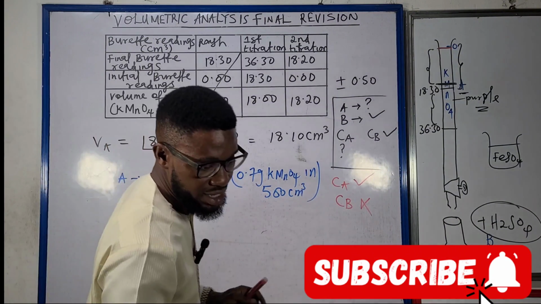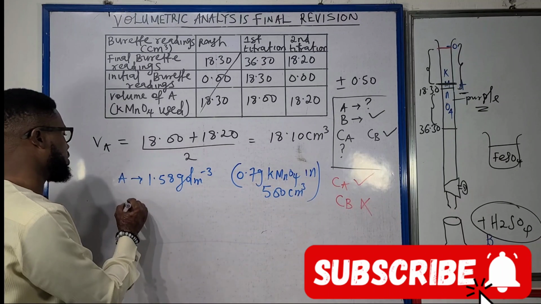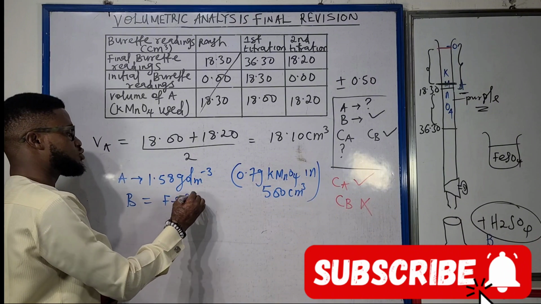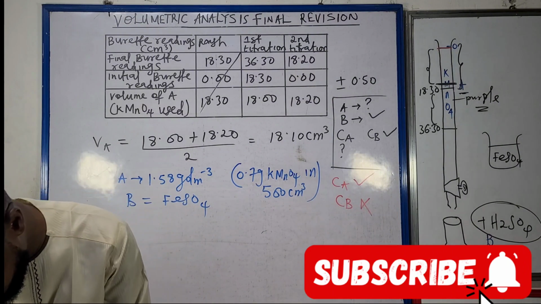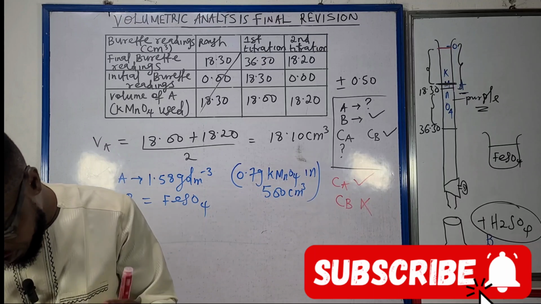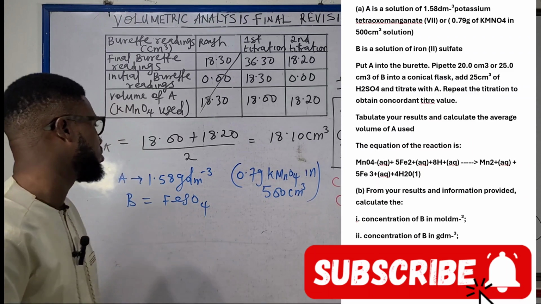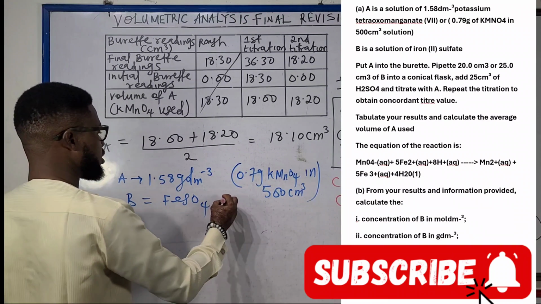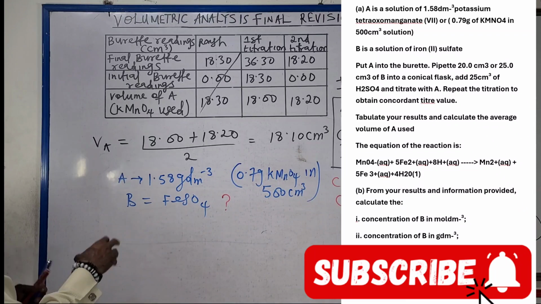That's what A is. And in the question here, we were not given anything about B. We were only told B is a solution of iron 2 tetraoxosulfate 6. So that's the information we have. Now, looking at this, we were told to look for the concentration of B in mole per dm cube straight up.